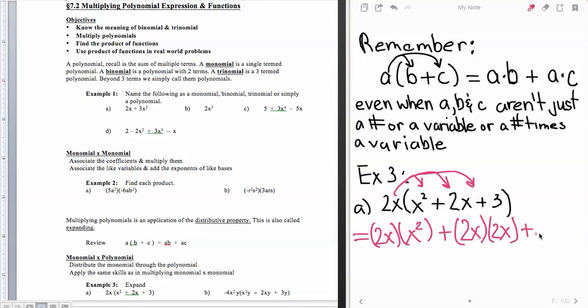Now, I do not expect you to actually write this out. I just want to be very thorough in showing you that we're just applying that monomial multiplication. So we have 2x times x squared, which gives us 2x to the 1 plus 2, which is 3. And then plus 2 times 2, which is 4x times x, which is x squared, plus 2 times 3, which is 6 times x.